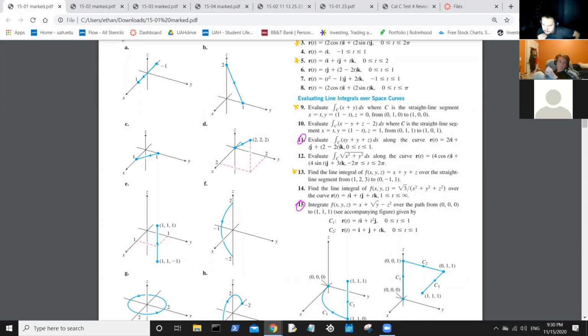Obviously this can be extended to 3 dimensions, so k would factor in there. So it's the magnitude of that. Let's see if that changes things. F of h of t and g of t.